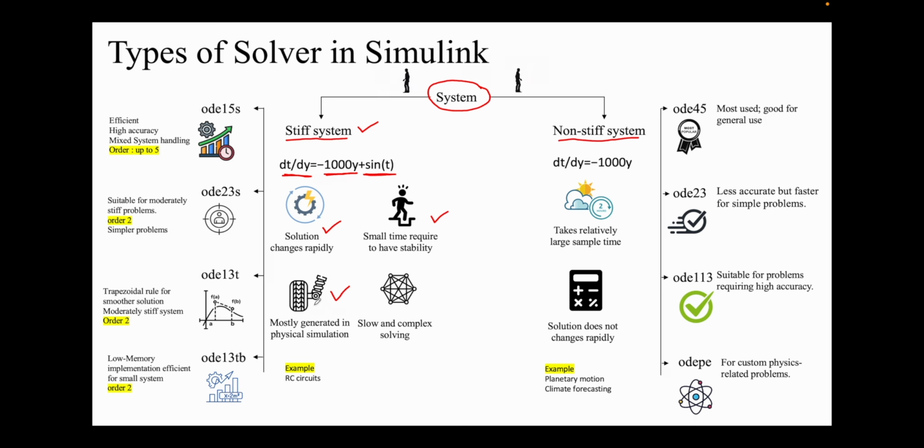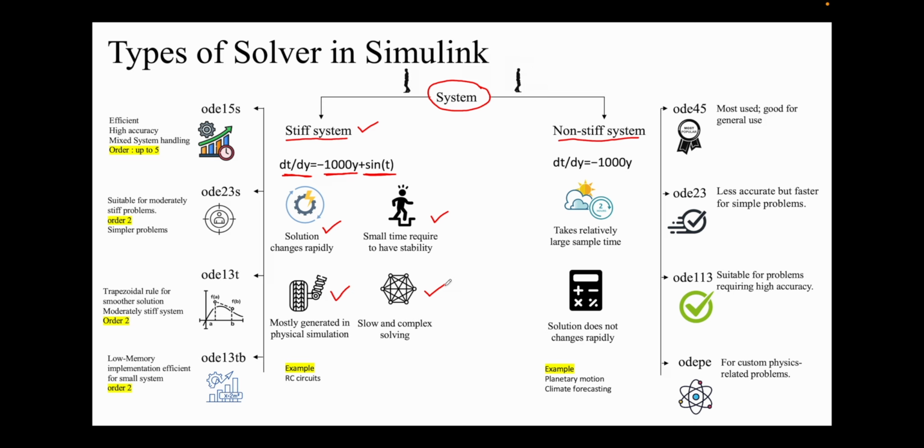Here you can have a suspension system, not mathematical modeling but physical modeling. When you deal with such models, you need to use a stiff system solver. We will also see what a stiff solver is and what varieties of stiff solvers are available in Simulink.